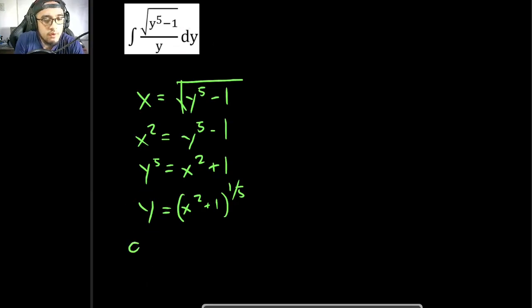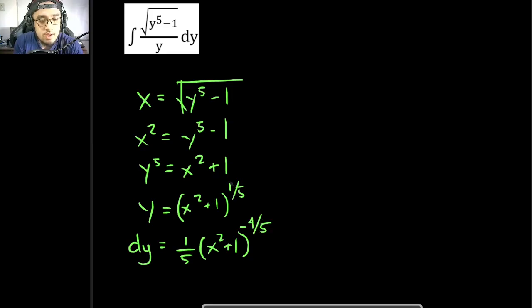For the value of dy, this is equal to the derivative of this equation right here. So what is the derivative? That is equal to 1 over 5, times x squared plus 1 raised to 1 over 5 minus 1, which is negative 4 over 5, times the derivative of the inside function, which is 2x times dx.